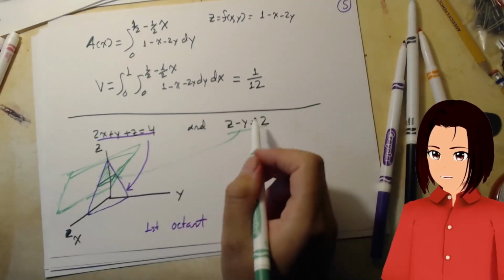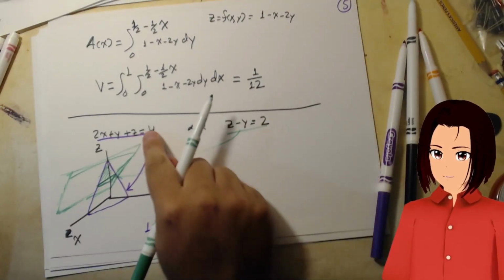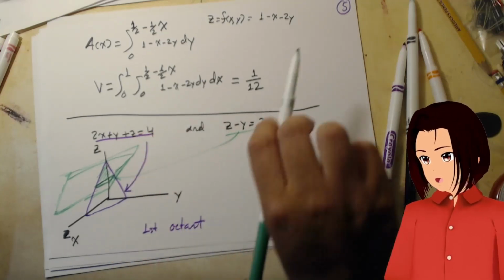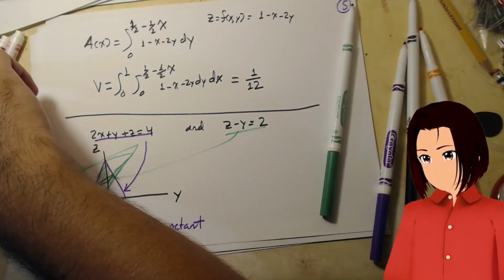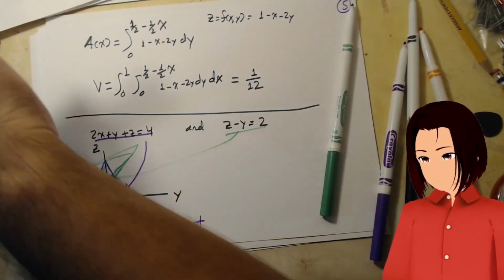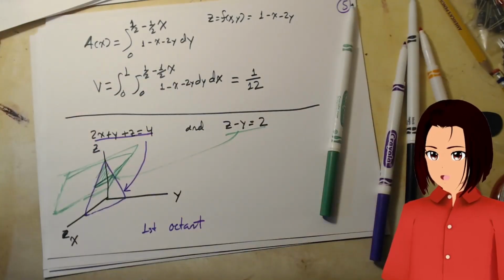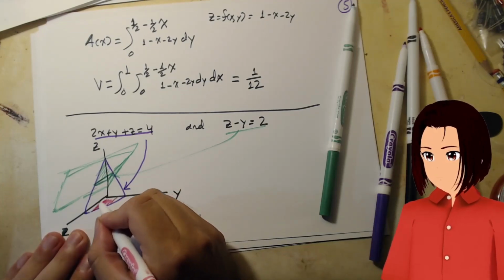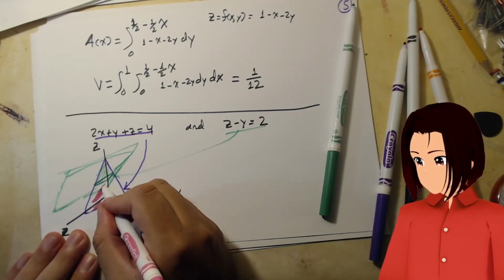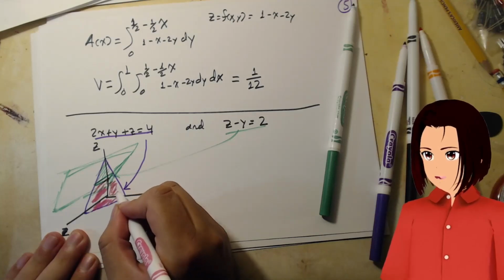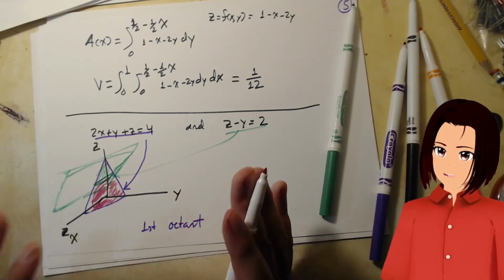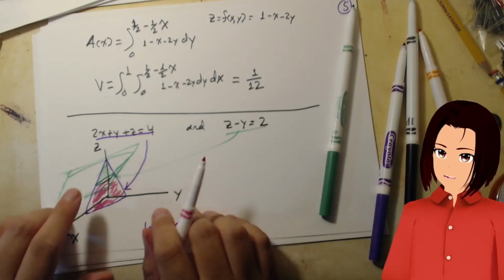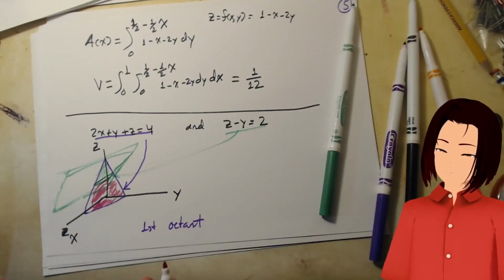The green plane comes from this guy, and the purple part comes from this plane. So what we want is the area, this lower area right here. We just want that. We don't want the part in green. We don't want that.